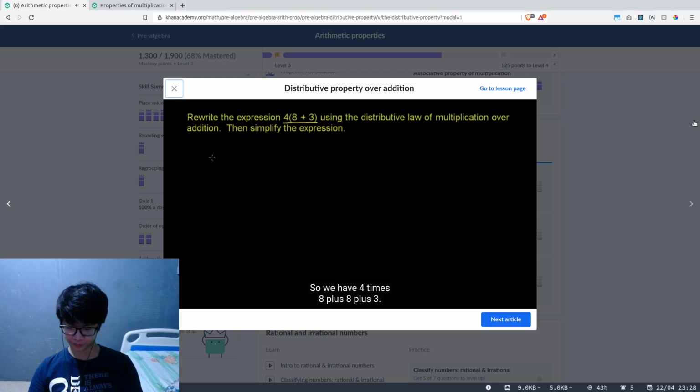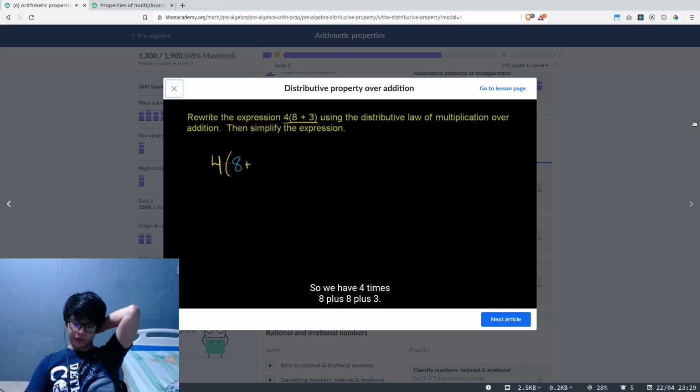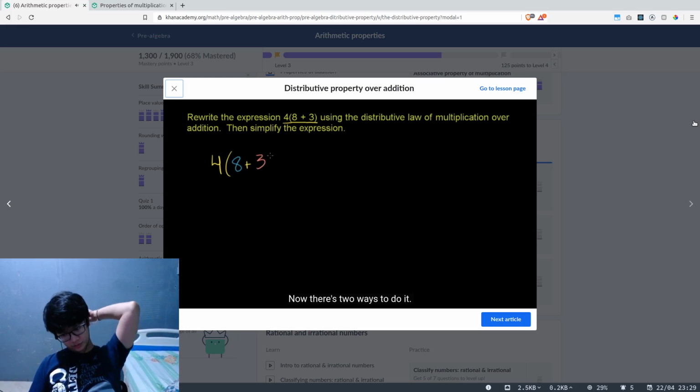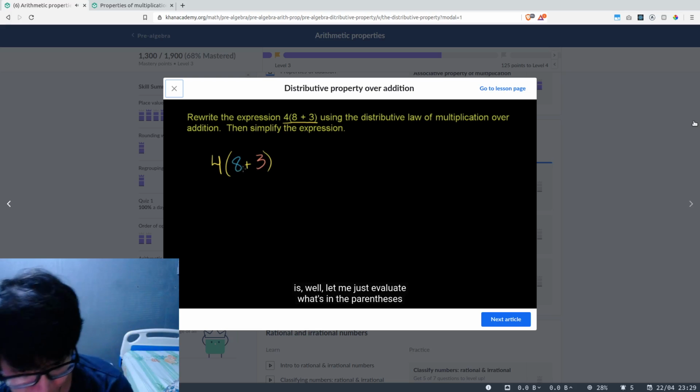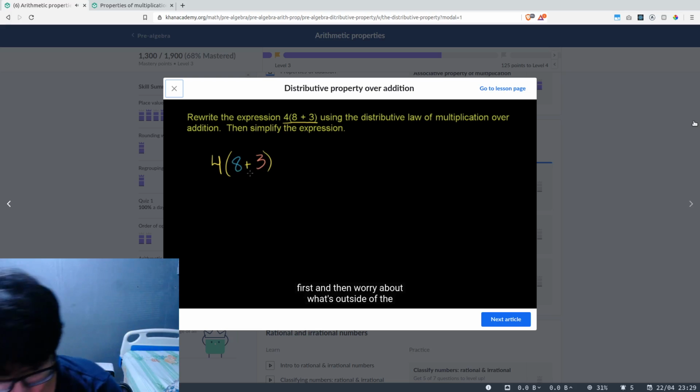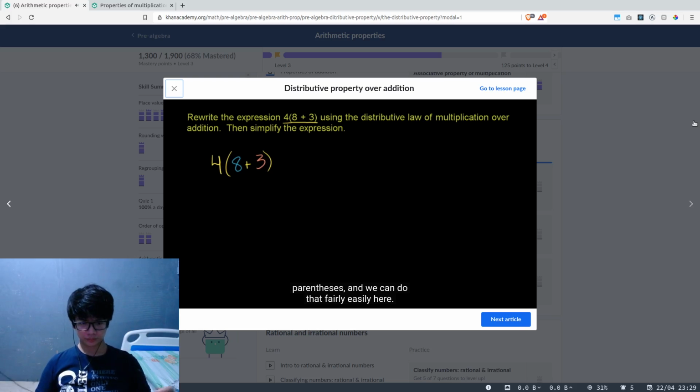So we have 4 times 8 plus 3. Now there's 2 ways to do it. Normally when you have parentheses, your inclination is, well, let me just evaluate what's in the parentheses first, and then worry about what's outside of the parentheses. And we can do that fairly easily here.